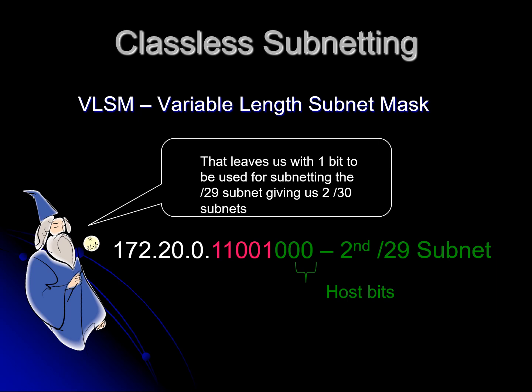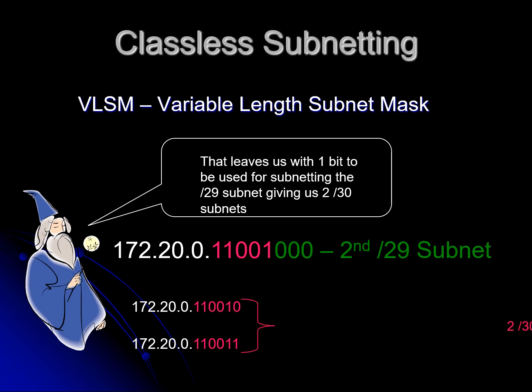A /30 subnet will have 2 IP addresses or 2 hosts on it. So we're going to take that extra bit and use it for subnetting, to be the representative of your /30 subnet. With that, it'll give you 2 /30 subnets.